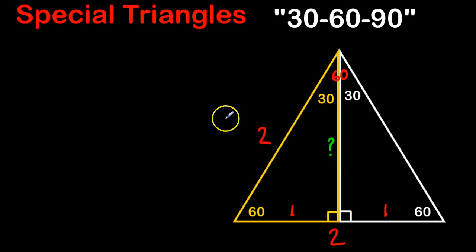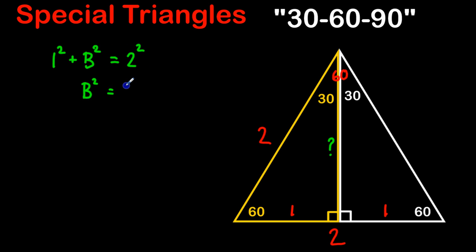Here I can use my trusty Pythagorean theorem, and I can solve for that missing leg. Let's just call it b. So say we have 1 squared plus b squared is equal to 2 squared. And so then I go through, square those, and set b squared by itself: this is 4, that's 1.